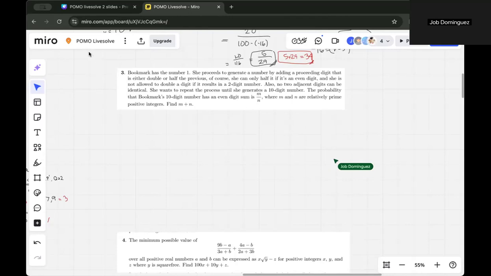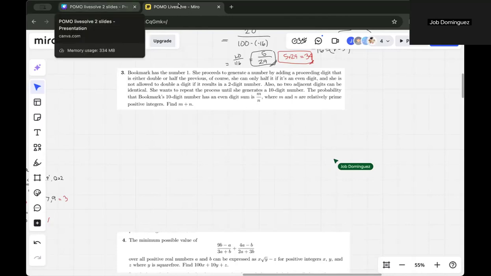Also, no two adjacent digits can be identical. He wants to repeat the process until he generates a 10-digit number. The probability bookmark's 10-digit number has an even digit sum is m over n, where m and n are relatively prime positive integers. So let's find m plus n.